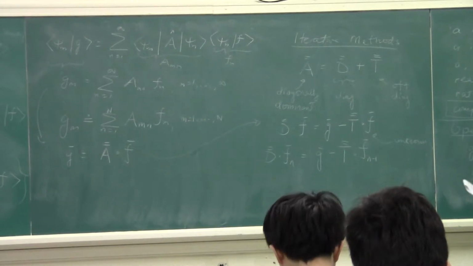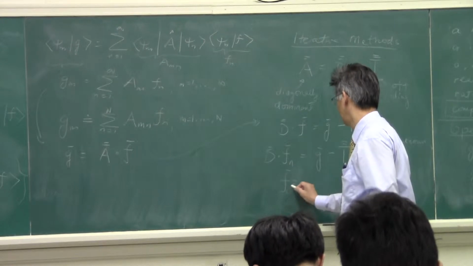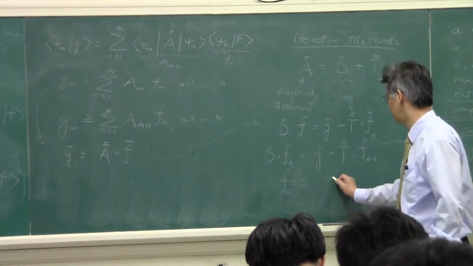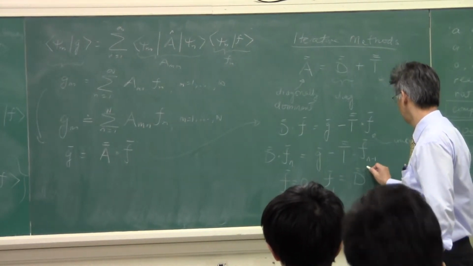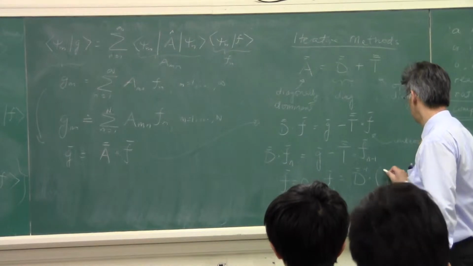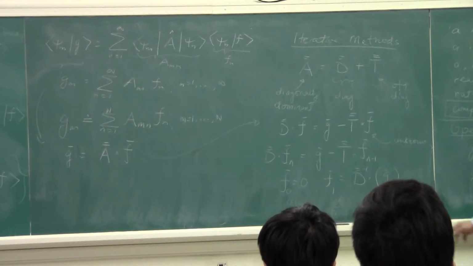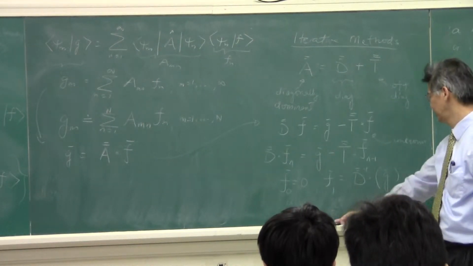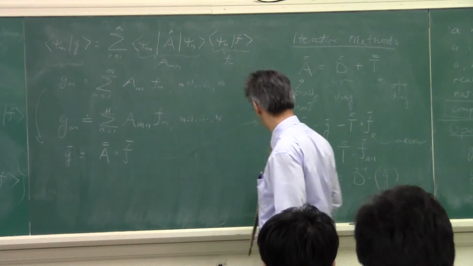You might start with f of 0 is equal to 0, nothing. And then you just get f of 1 is equal to D inverse dot G. Okay? D inverse is easy to find because it's diagonal. You can invert it quite easily for all the elements from 0 to infinity if you want to.